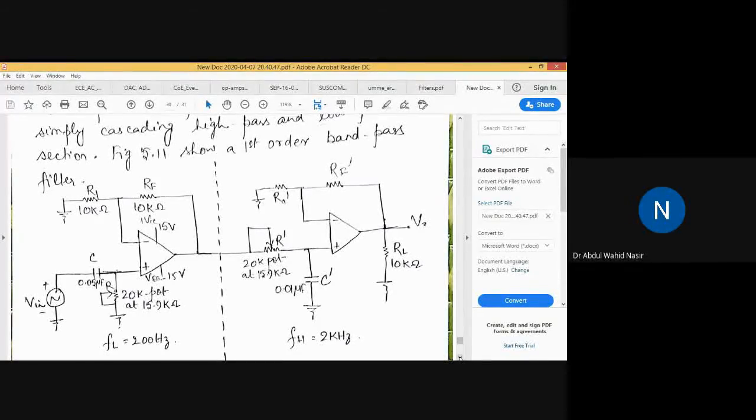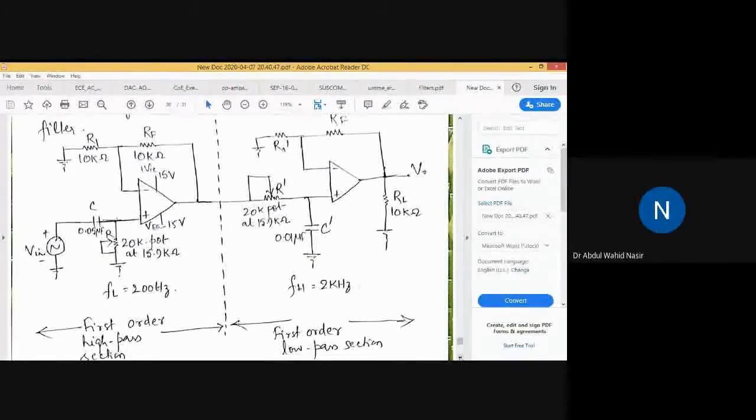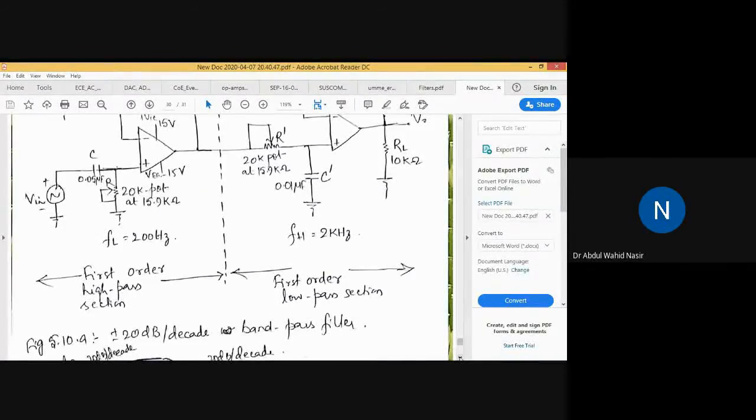We can have first order, second order, third order and so on. What we have said is that we can realize this filter by using a first order high pass section in cascade with a first order low pass section.